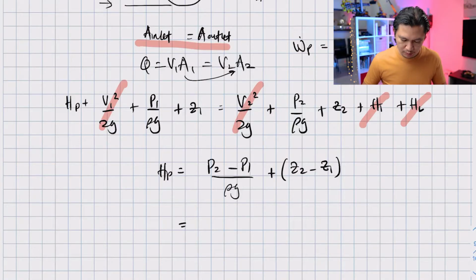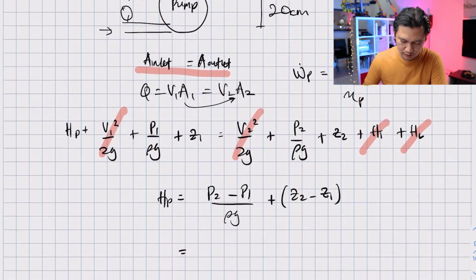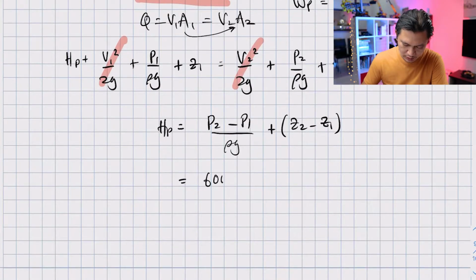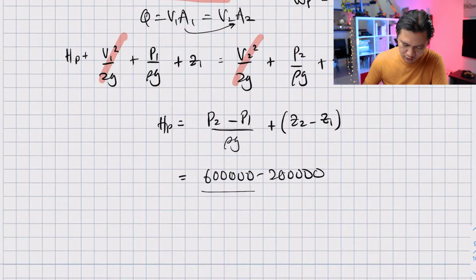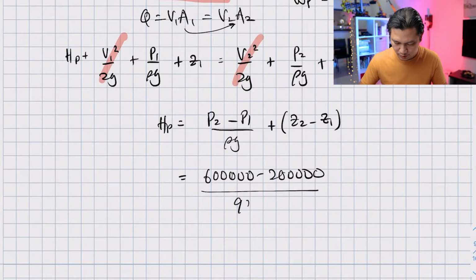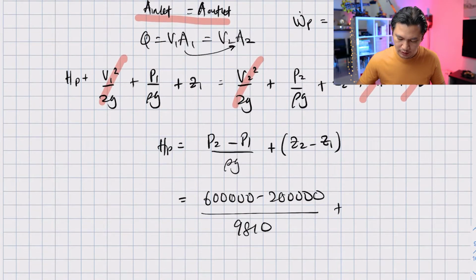P2 minus P1 is simply 600 kilopascal minus 200 kilopascal, so 600,000 minus 200,000, and then divide by rho G, so this is 9810, plus Z2 minus Z1. The difference is 20 centimeter, and 20 centimeter in meter is 0.02 meter.